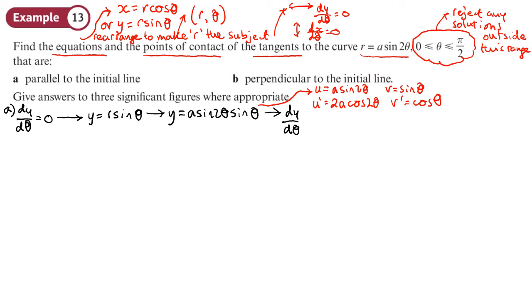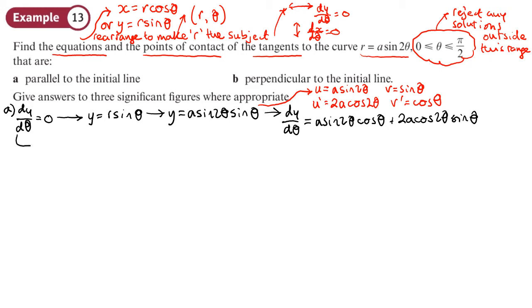So let's write down what dy/dθ is. That will be u v dash, so a sine 2θ cos θ, plus v u dash, so 2a cos 2θ sine θ.